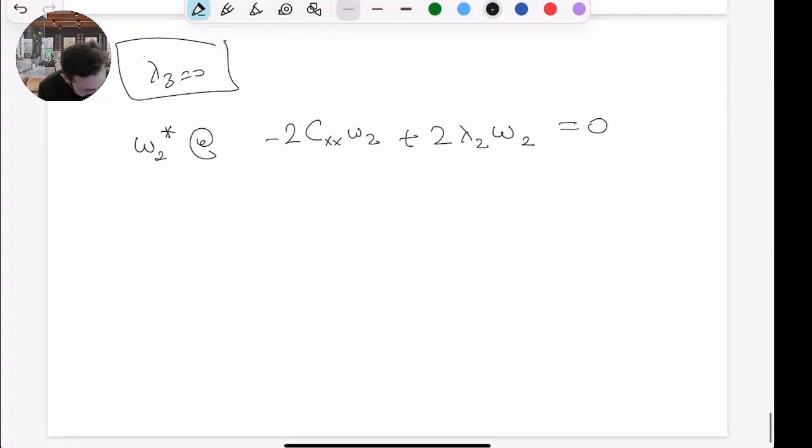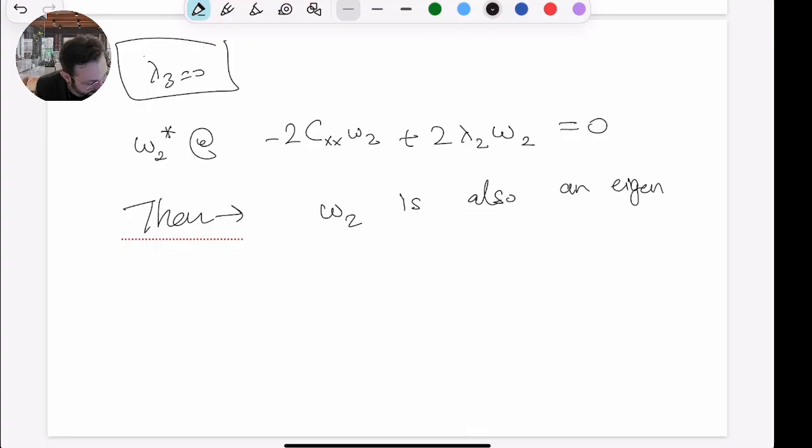Well, then the second direction, W2, is also an eigenvector of CXX.